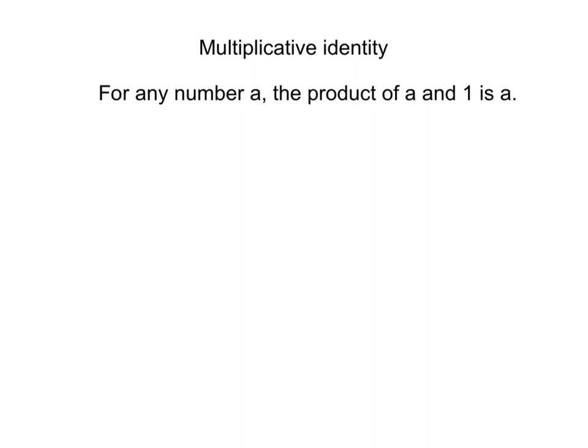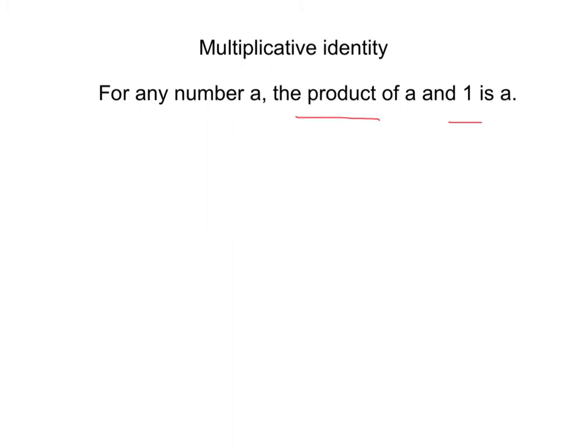For the multiplicative identity property, it reads that for any number a, the product of a and 1 is a. The difference between multiplicative identity and additive identity, there are two things. One, with multiplicative, it's a product because we're multiplying, and instead of it being 0, like with the additive property, it is 1.